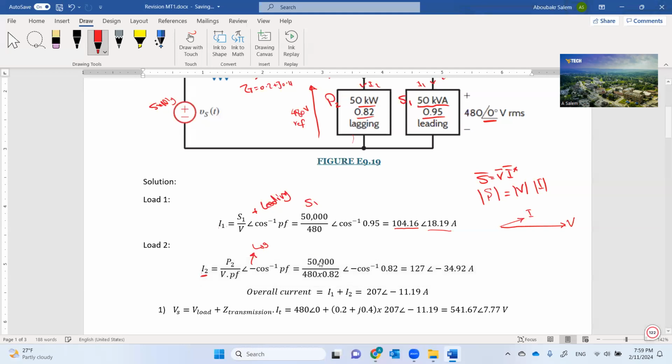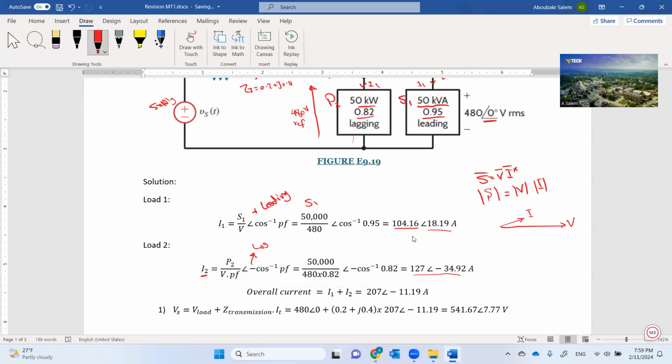The power is 50 kilowatts, the same volt 480, and the power factor is 0.82, with a negative angle, cosine inverse 0.82. So this is the value of the second current.